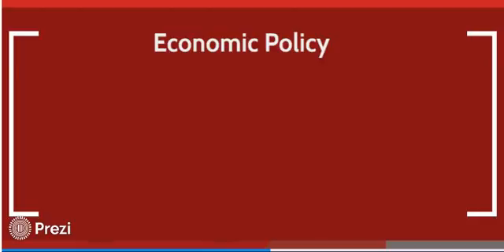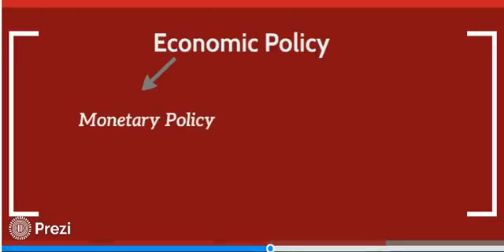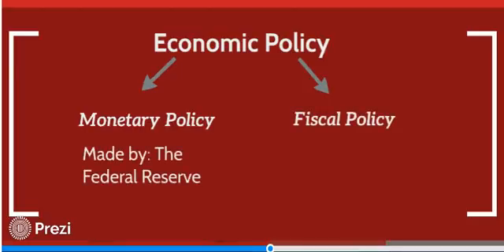So when we talk about economic policy, there are 2 sets of people or 2 organizations that can create policy or make some kind of law that says how we fix the economy and how we go about doing that. So the first type of policy we can have is called monetary policy, and the second type is fiscal policy. All right, so monetary policy is made by the Federal Reserve, so basically the bank's bank and the government's bank.